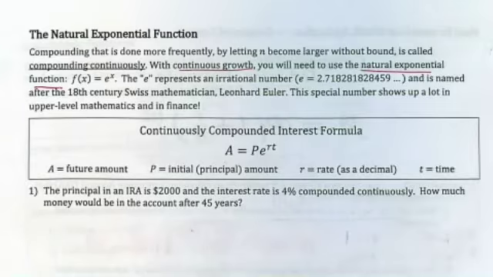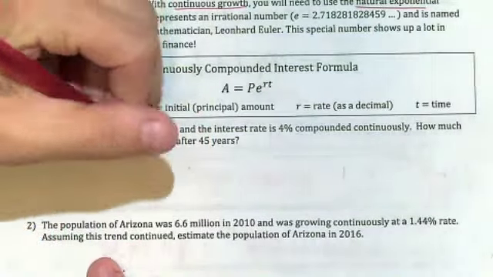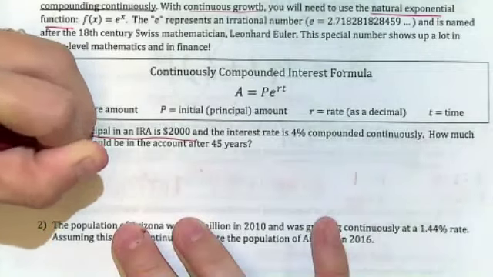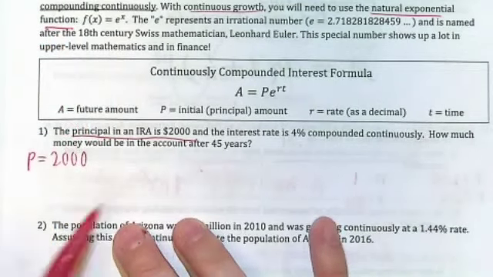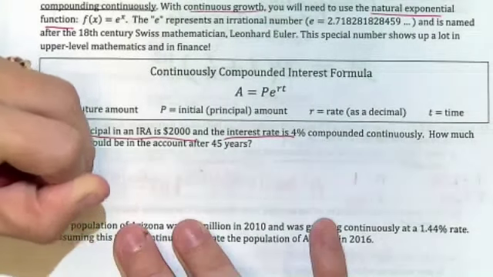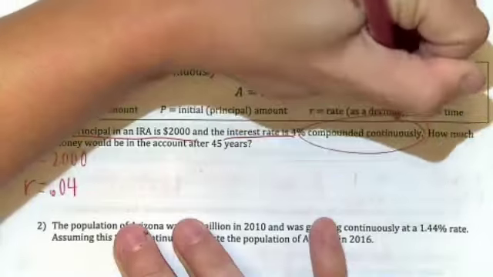Okay, so let's look at what this might look like with the function like what we were just doing. A principal in an IRA is $2,000. That is what we started with. The interest rate is 4%. I'm going to go ahead and turn that to a decimal. Compounded continuously.